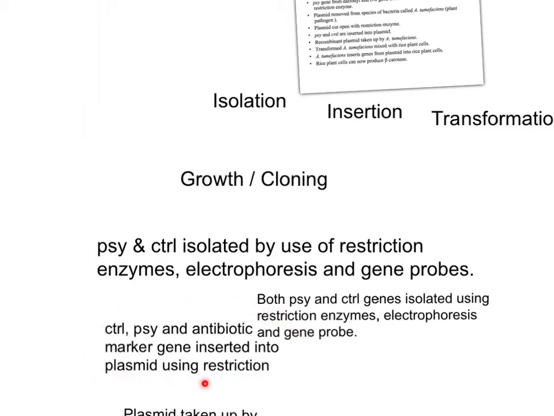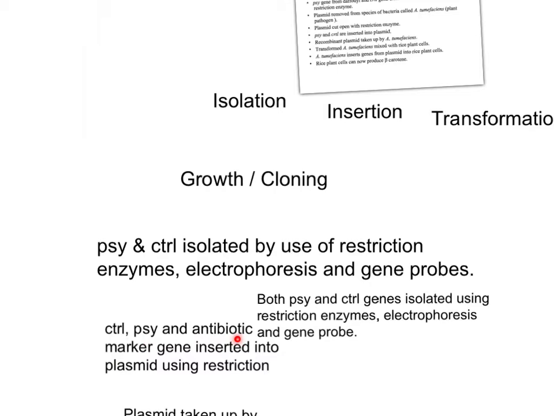So we use this as a valuable tool to get our genes into the target plant tissue, in this case a rice plant. We'll come back to that in a second. First, we have to get a plasmid out of one of these agrobacterium. We then engineer that agrobacterium so it has recombinant DNA, where we put in our two target genes and also antibiotic marker genes, which confer antibiotic resistance.